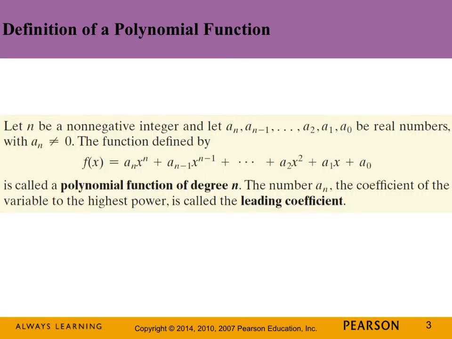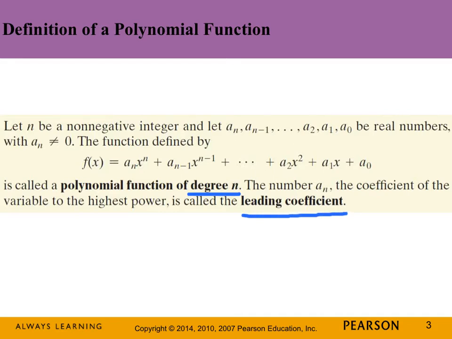Okay, on this slide, don't get too wrapped up or worried about the fact that you see lots of letters here and a few numbers scattered about. Your goal when you take a look at polynomial functions is to be able to figure out what the degree is, and then know what the leading coefficient is.